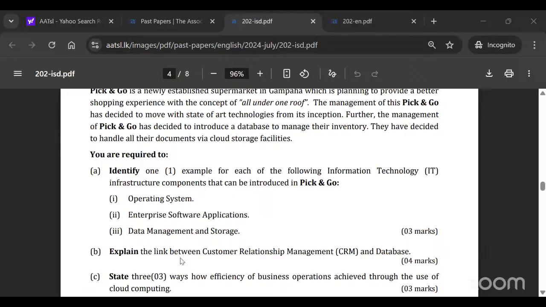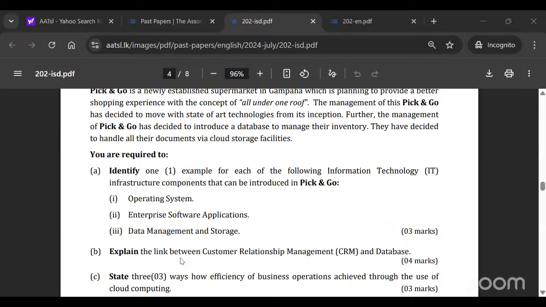Amazon S3 is becoming popular. S3 is Simple Storage Service. That is an example for storage management. Amazon S3 can store and manage all documents and inventory data securely in the cloud, offering scalability and easy access, which is crucial for Pick and Go's business operations. Amazon Web Services, right? If you want SQL Server, you can get it from Amazon.